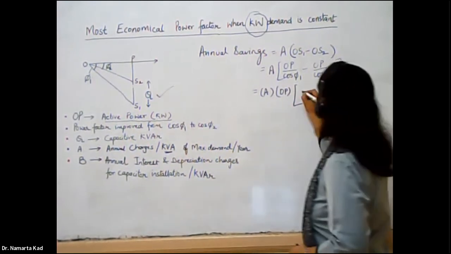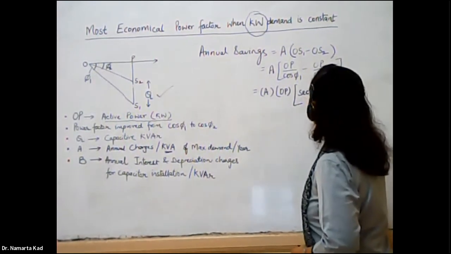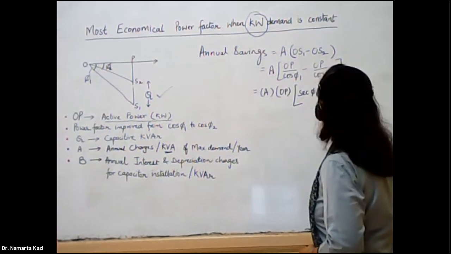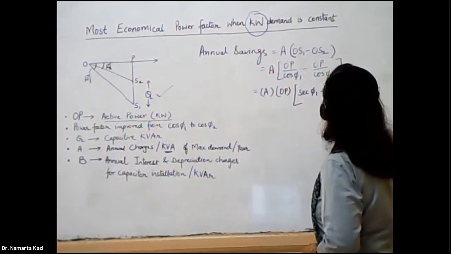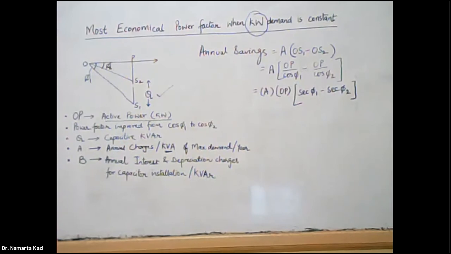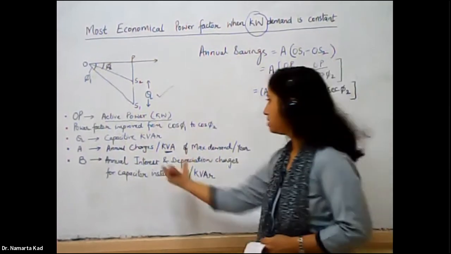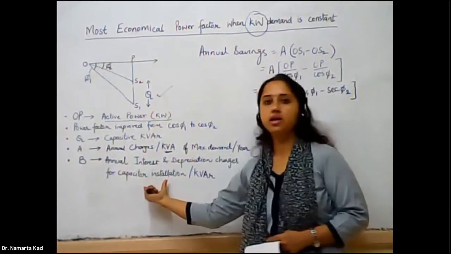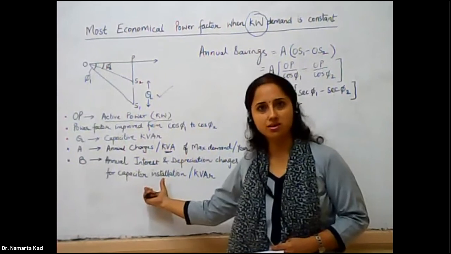So it can be written as secant phi 1 minus secant phi 2. So these are our annual savings related to the kVA demand. Now what are the annual expenses? These are the savings. Now expenses are on the capacitor.